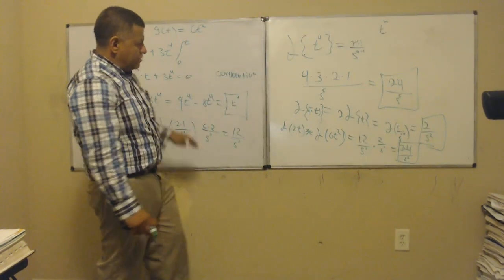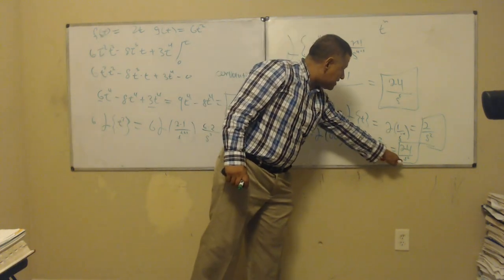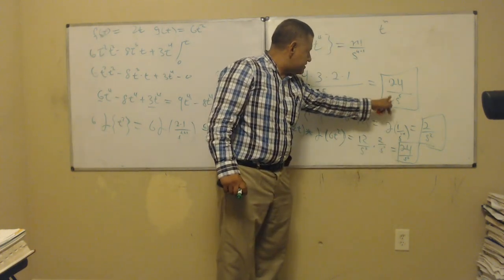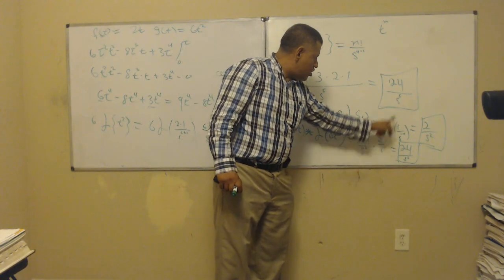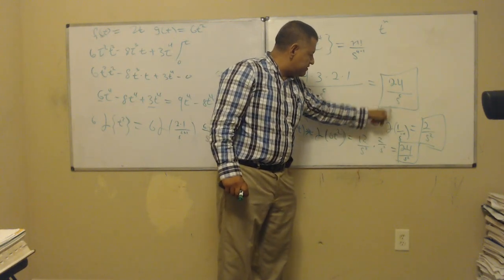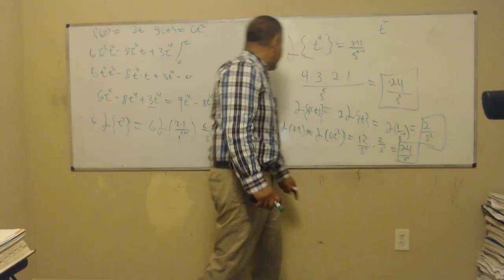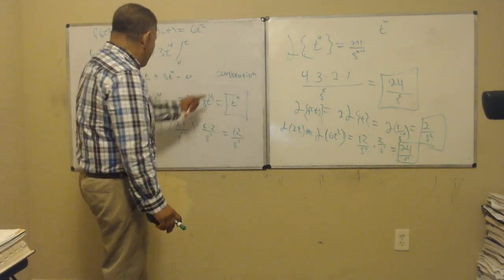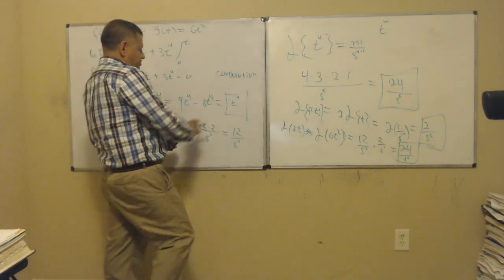And when we did that, it becomes the same thing: 24 over s to the fifth. And the convolution is equal to that.